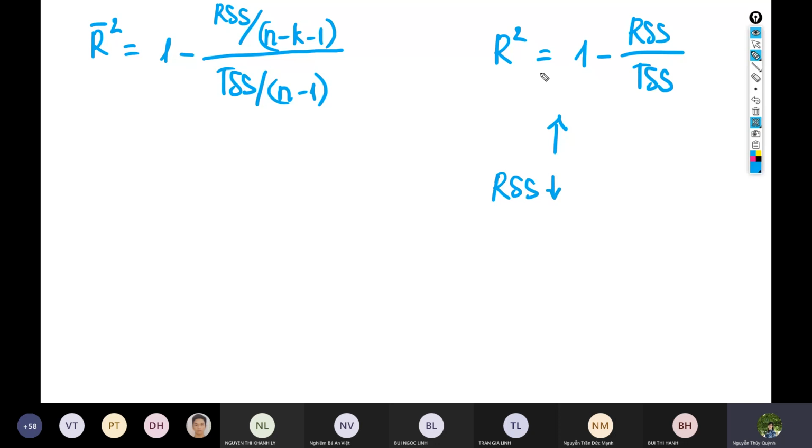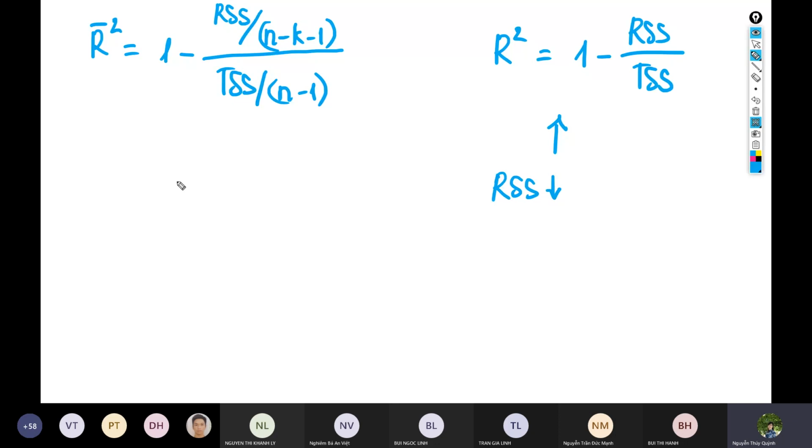All right. So what will happen to the adjusted coefficient of determination when we add one more independent variable into the model? There will be two effects on the adjusted coefficient of determination.